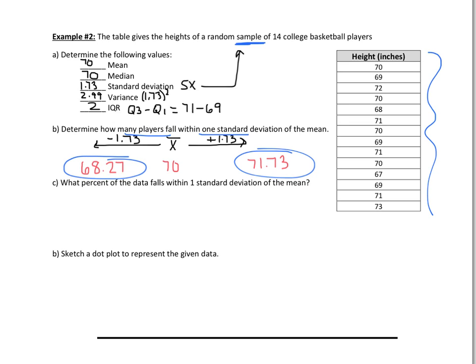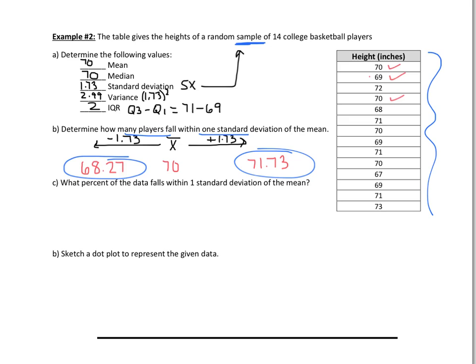So if we look here, is 70 in between 68.2 and 71.7? The answer is yes, so this one's good. Is this value here of 69 in between those values? Yes. How about 72? No, 72 is out here, right? If it goes 68, 69, 70, 71, 72 is out here. It's not in between these two values. How about 70? 70 is.